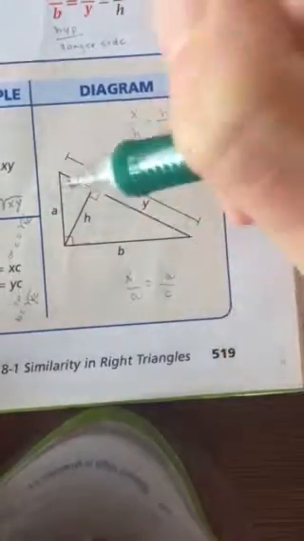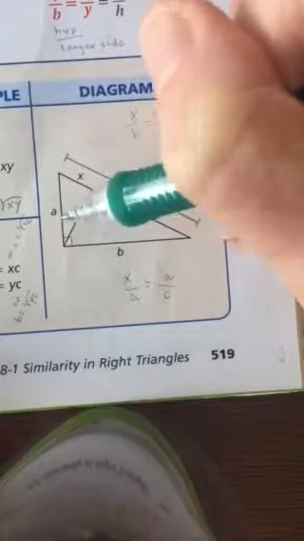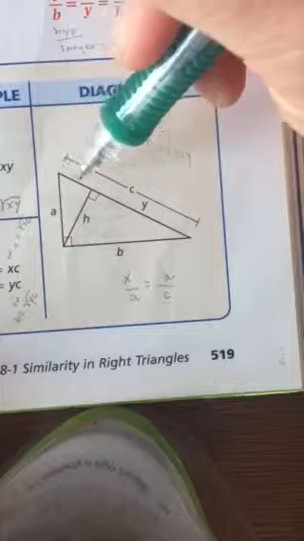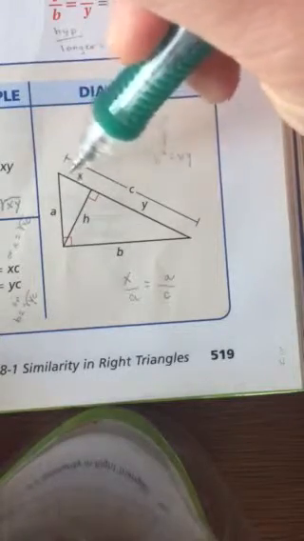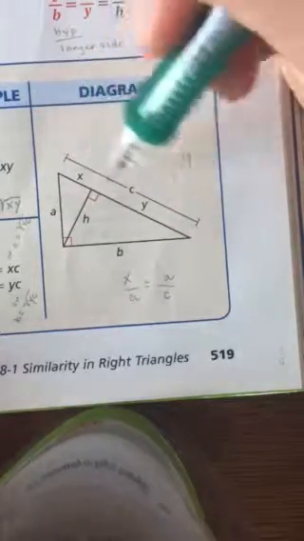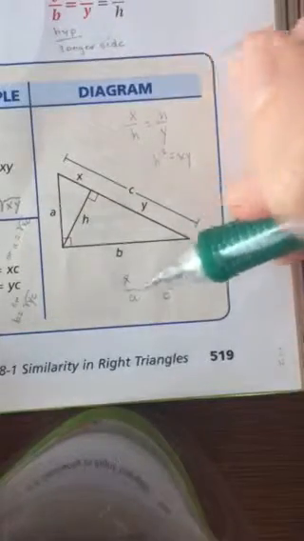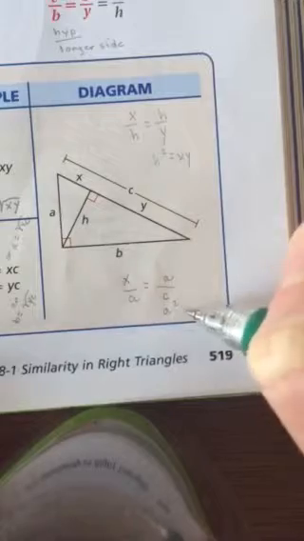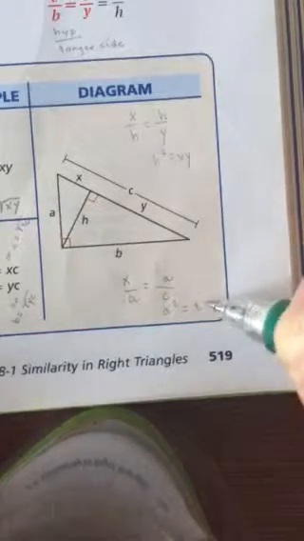So it says this leg of the right triangle is the geometric mean of its adjacent segment of the hypotenuse and the whole hypotenuse. So we have x is to a as a is to c. This would work out, algebraically, to be a squared equals xc.